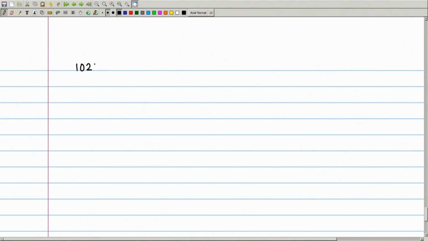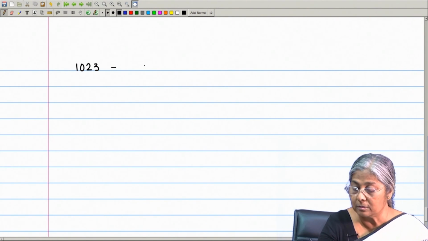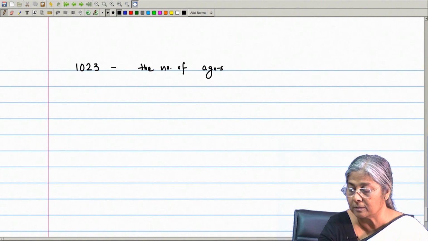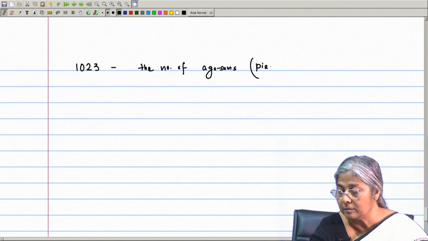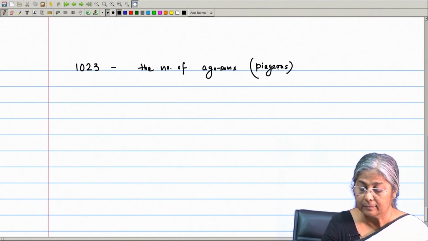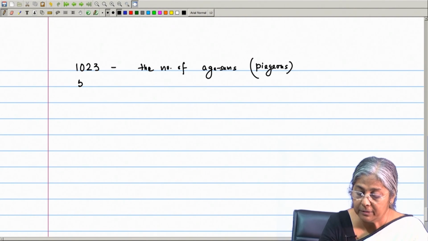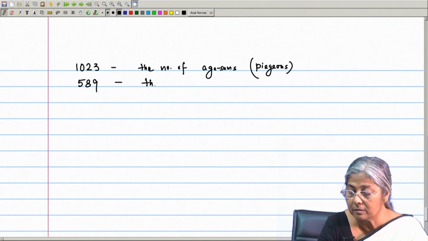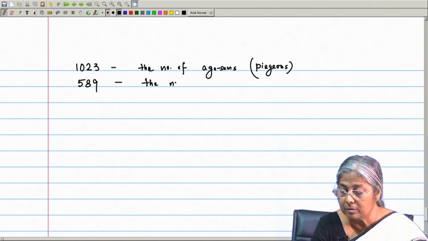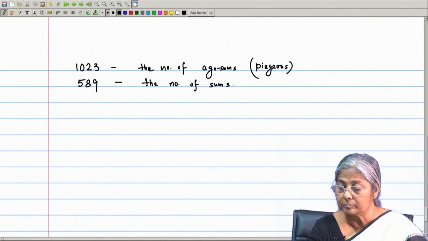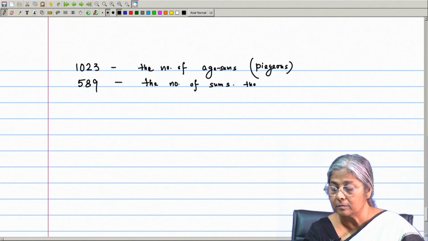This 1023, the number of sums, are treated as the pigeons, and the sums of ages, these 589 are the number of sums that may occur.